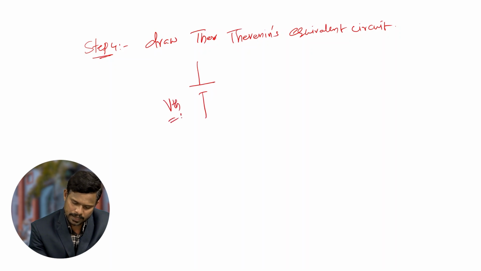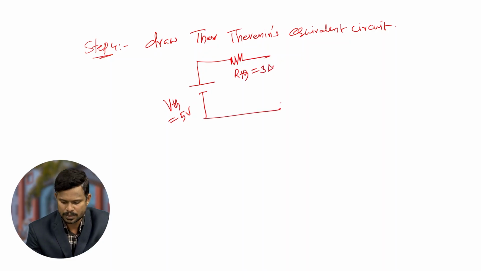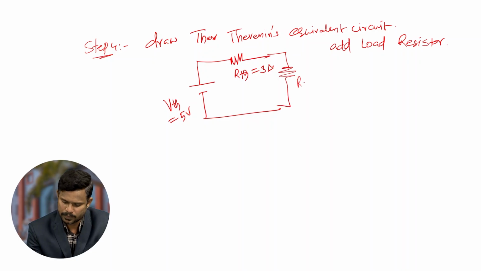That VTH value is 5 volts, in series with the RTH. What is RTH? RTH value is 3 ohms. And at last, add the removed load resistor. Add the load resistor. That R value is this one, RL equal to 2 ohms. These two are connected in series.